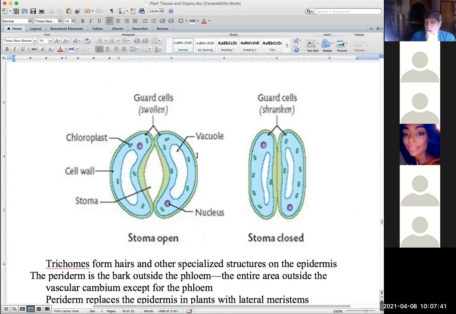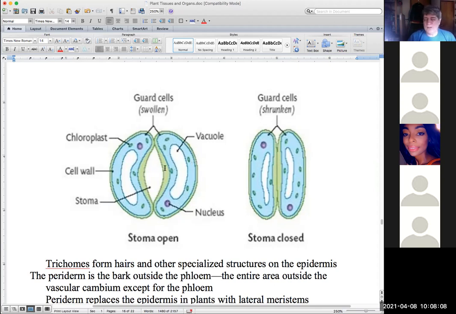Now, when the plant has enough water, so here's that central vacuole of the guard cell. When the plant has enough water, this cell absorbs water from the other parts of the plant. The water is put into the central vacuole. And when the water goes into the central vacuole, it causes the guard cell to bulge.